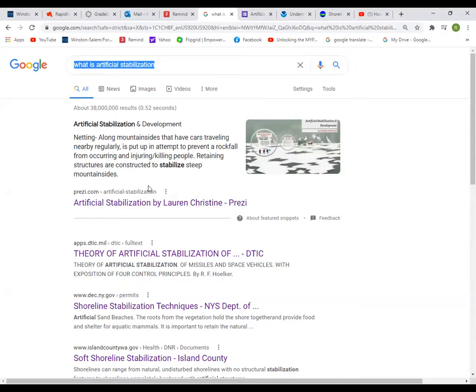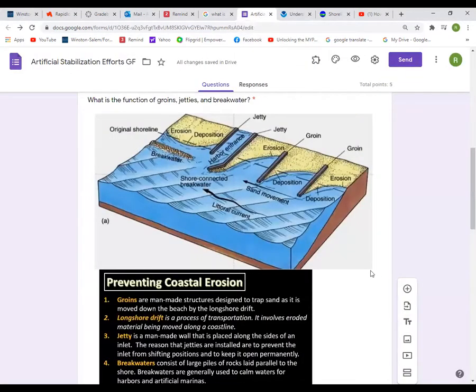There is massive erosion on the mountainside, and artificial stabilization on the mountainside prevents landslide and rockfall from occurring and injuring people. Is artificial stabilization also employed in other areas aside from mountainsides? For our Google form today, that is what we'll be focusing on.